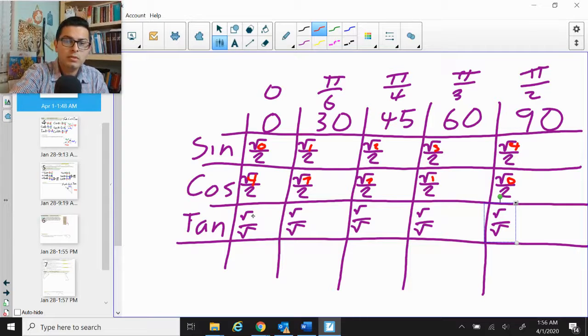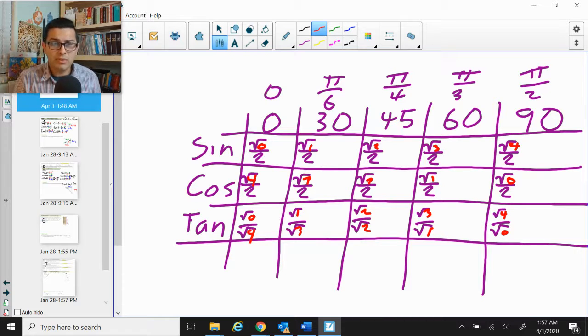And then you go 0, 1, 2, 3, 4. Then you go 0, 1, 2, 3, and 4. That is it. This is the trig table. And then you can go ahead and simplify each one of the boxes, which I'm going to do.